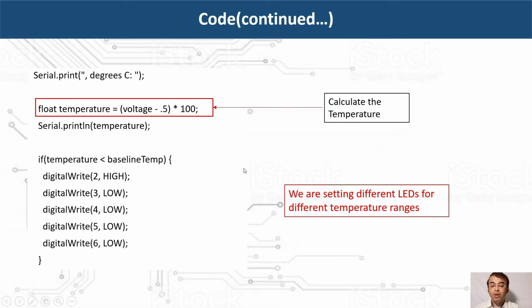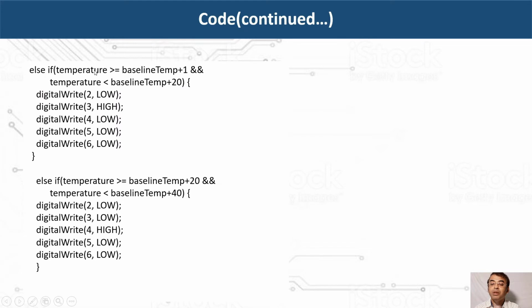Else, if temperature is greater than or equal to baseline temperature plus 1 and less than baseline temperature plus 20, then LED 2 will glow, because you can see digitalWrite 3 high for this condition. Then for the next condition, digitalWrite pin number 4 high, so the third LED will glow.